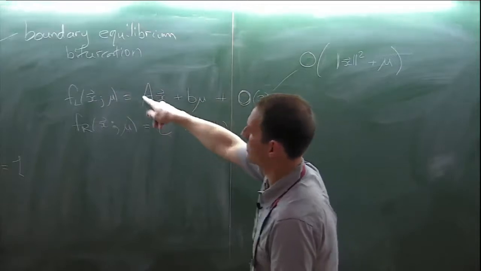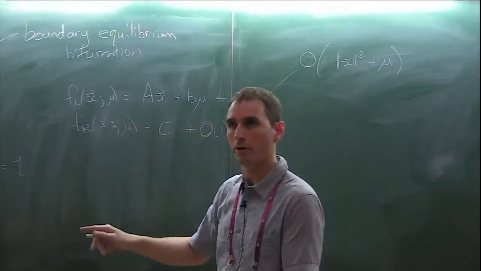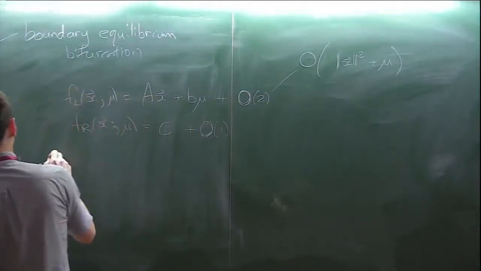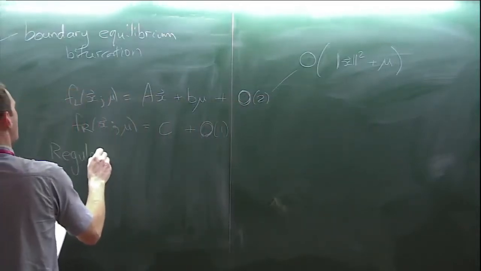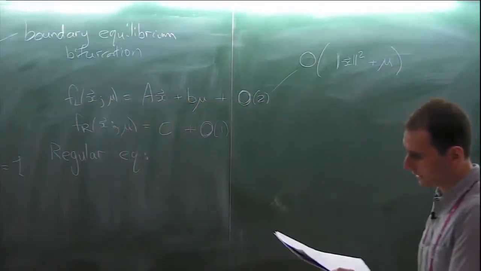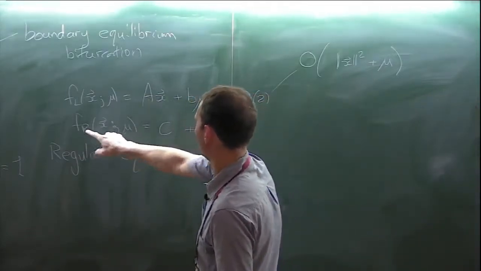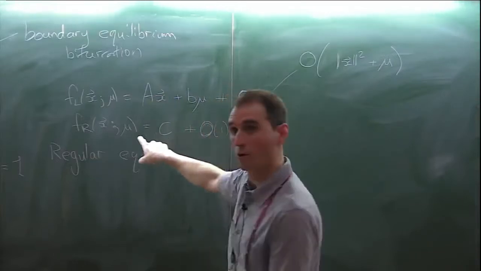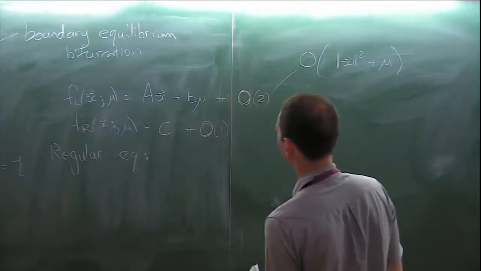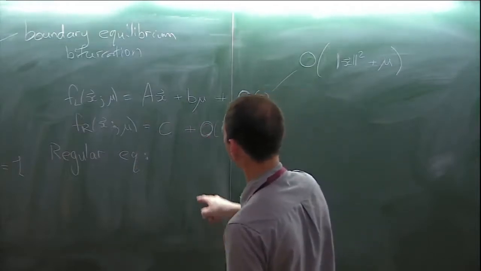Okay, so we've written down some general equations to describe a boundary equilibrium bifurcation. So what we'll do is calculate equilibria and see what we find. Let's look for regular equilibria. Well, the system on the right, FR, is not going to have a local regular equilibrium. If I set this equal to 0, I get something higher order.